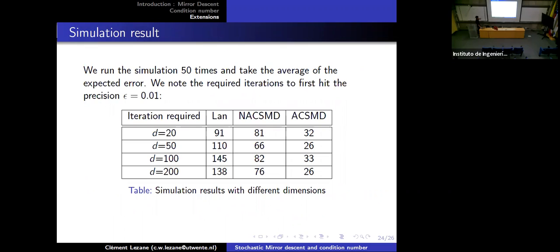The main idea is that in that case, the condition number presented in our paper is going to be much more robust than the one presented in the current literature, and that means that to achieve a precision, epsilon equal to 0.001, we need much less iterations than the other paper would need when the dimension increases.